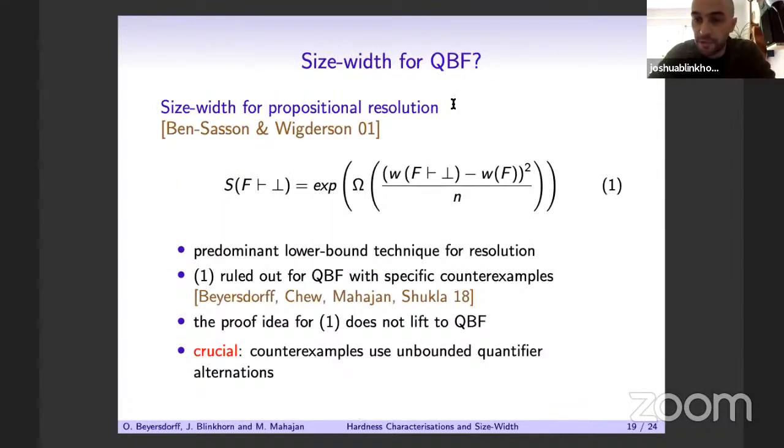So that's the first main result. And the second main result that came out of this is a size-width relation. If you're not familiar with size-width, to sum it up very quickly, it's a lower bound technique that came out of propositional logic, for resolution and polynomial calculus, which allows you to prove a lower bound on the size of the proof by proving a width lower bound.